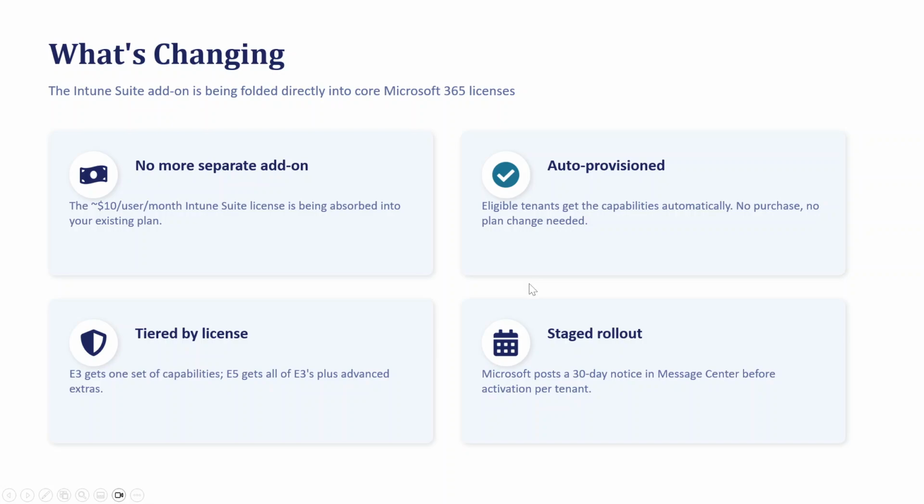From July 2016 onward, Microsoft bundled these directly into your E3 and E5, but not everything goes to both. E3 gets operational tools and E5 gets the security-heavy ones on top. So again, E5 always has the security features. The features which are related to security will be added to the E5 bundle only.